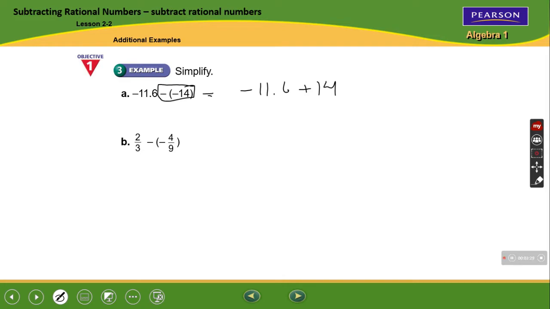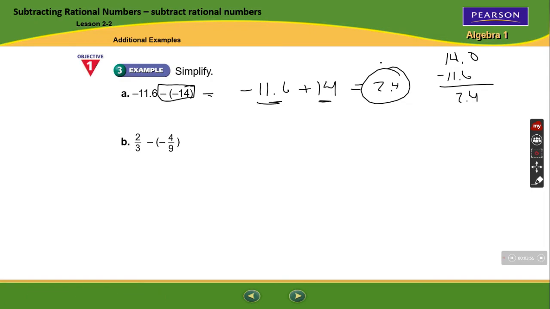So I've got a smaller negative number plus a larger positive number. So I know my answer will be positive. Once I know that, and I'm adding 2 different sign numbers, I'm just going to subtract. So 14.0 minus 11.6 is, what is that? 2.4. You can do the longhand subtraction, but for the purpose of the video, I'm just going to kind of cruise through it.